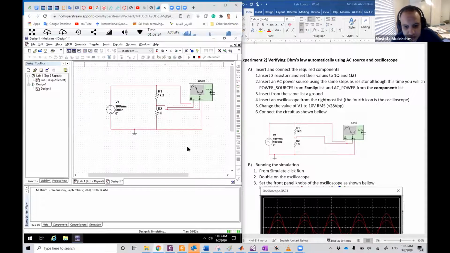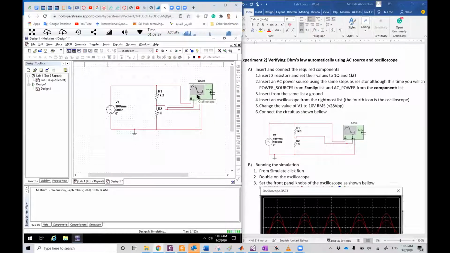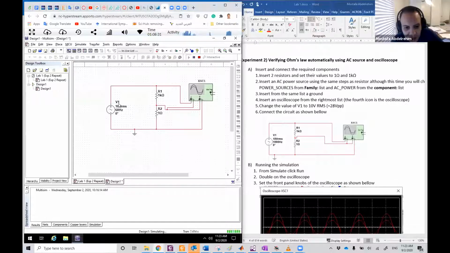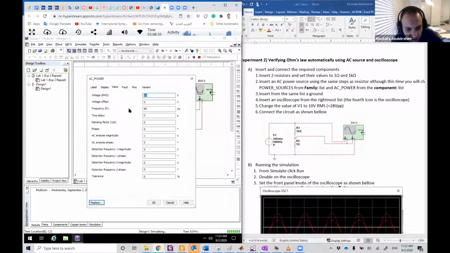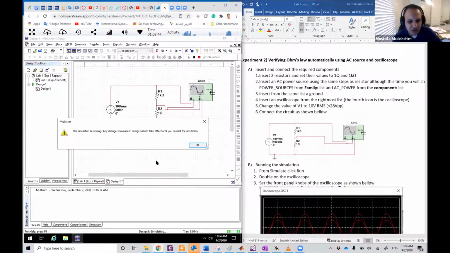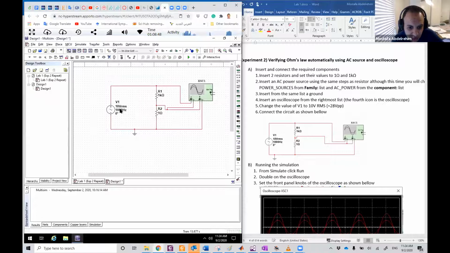Just run. Do we change it to 1,000 hertz or do we keep it at 60? Yeah, you can change the frequency as well. I'm just choosing. When I first did it with the default values, it was ugly. Okay, I needed to work. The simulation is running, so we can do a change. So we must stop. Yeah, now we can run again.